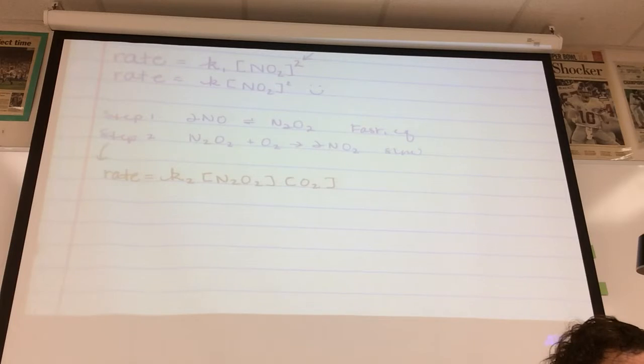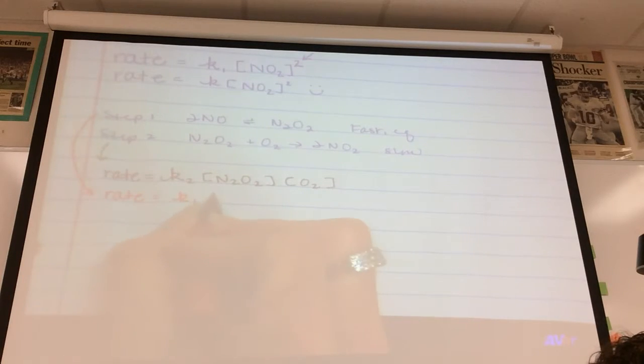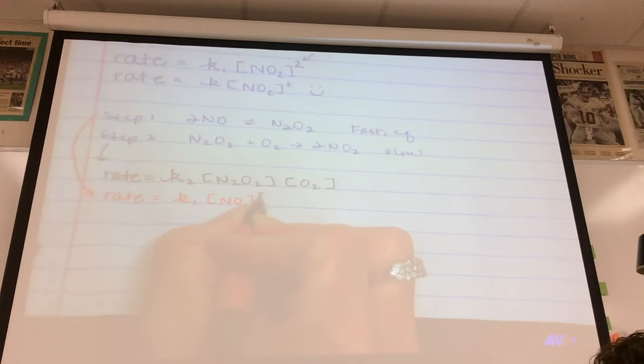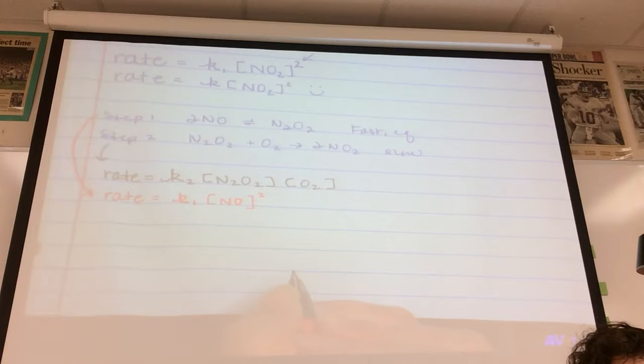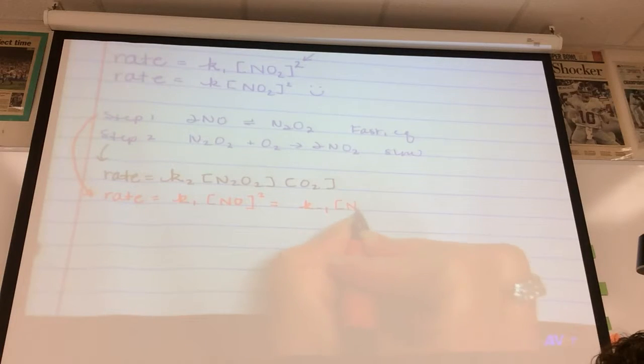So I'm going to write a rate law from the fast equilibrium step both ways. I have rate is equal to K1 NO squared. And now backward, K negative 1 N2O2.